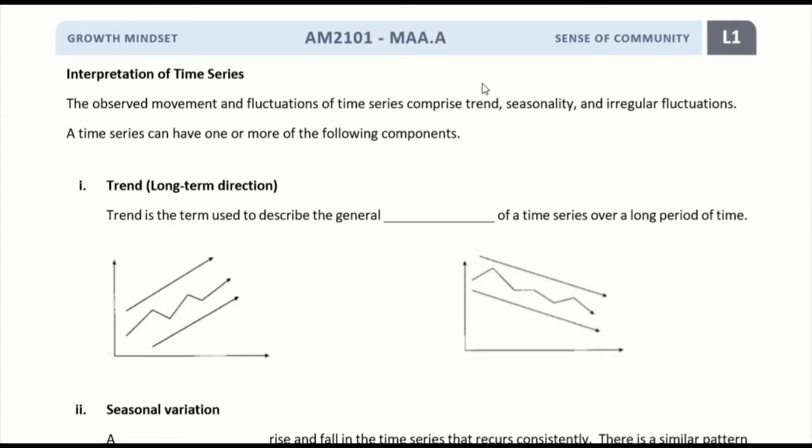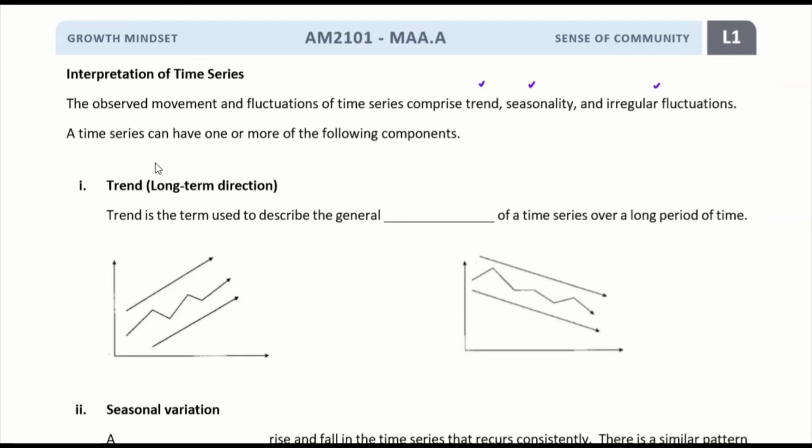The first two will be more important because this is the type of data that we are going to analyze. For irregular fluctuation, there's no analysis that we can do for our level of syllabus here. So you just need to know the shape of the graph that gives you irregular fluctuation, that's it. The data that we are going to do further analysis on will be the seasonal data.